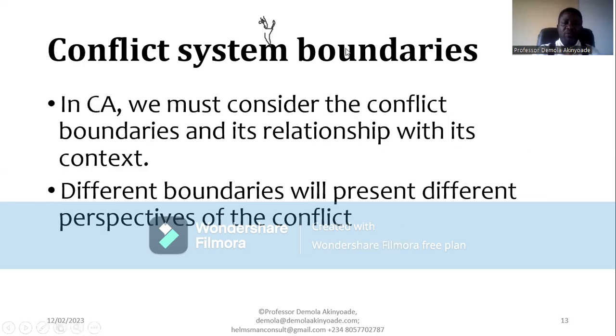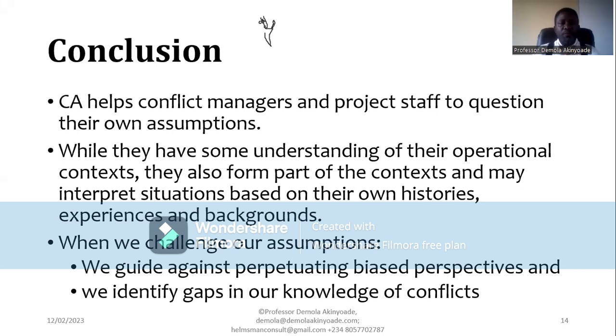But the important thing is that we need to know which system we are focusing on. And whatever system we are focusing on and the ones we are excluding, we need to know why and why not. Because different boundaries represent different perspectives of the conflict.